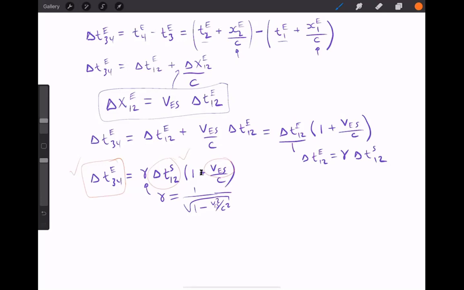Okay? So once you have those, you can obtain velocity. So that's your homework.